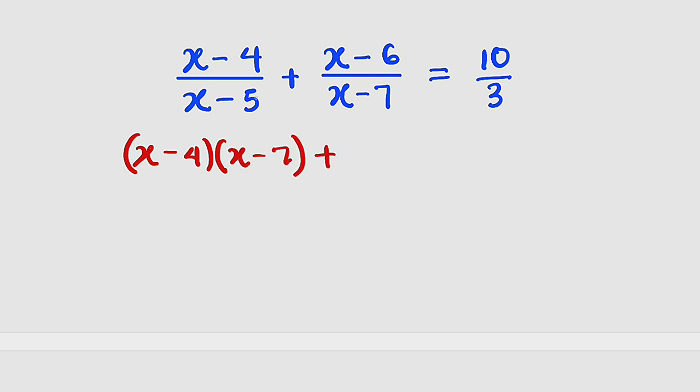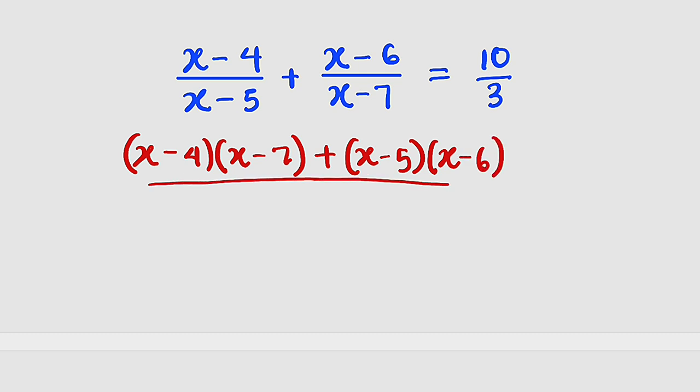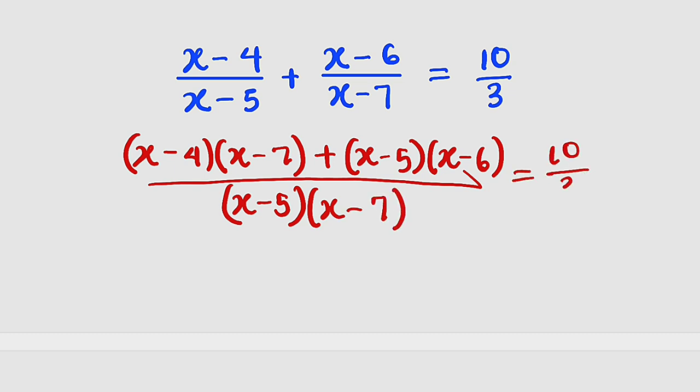Then plus, you take this, you multiply by this. That will give us x minus 5 multiplied by x minus 6. The whole of this divided by the product of these two. So we have x minus 5 multiplied by x minus 7. And this is equal to 10 divided by 3.